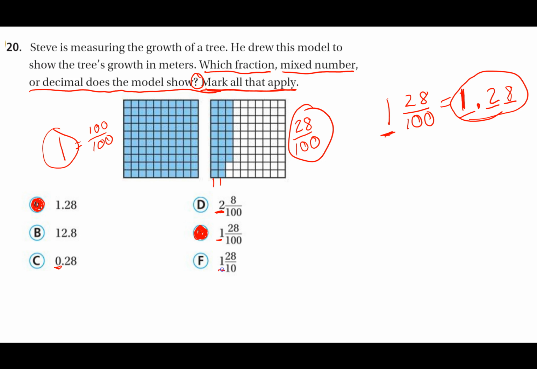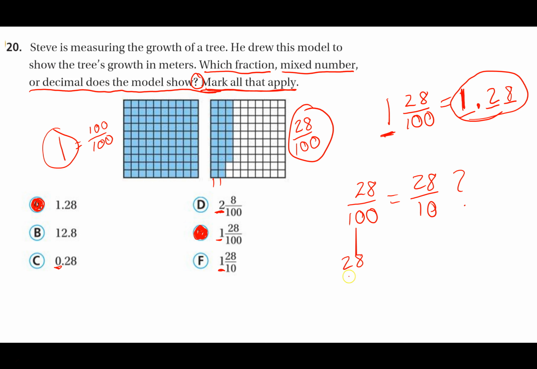And then this has 1 whole, we have 1 whole. And then 28 tenths, but we have 28 hundredths. Does 28 hundredths equal 28 tenths? Well, let's see.